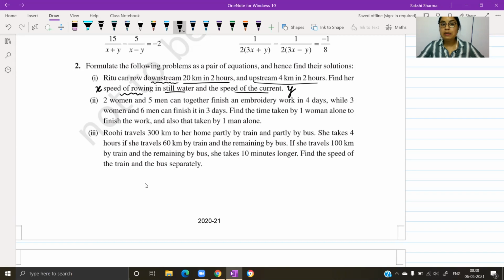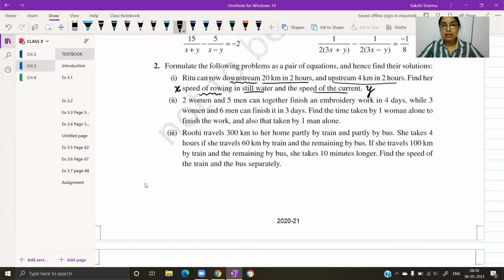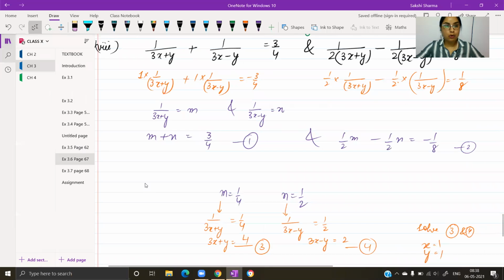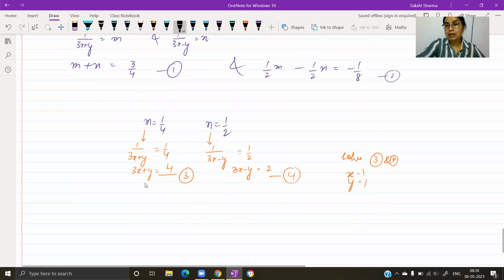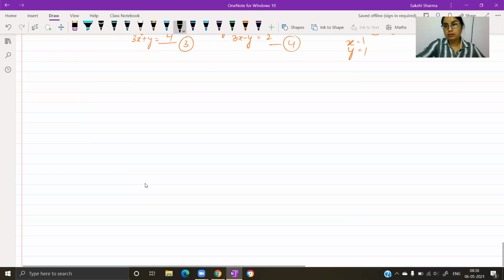Consider what will be the speed of Ritu if she is rowing in the same direction as the flow of water, along the stream. Here the concept of relative speed comes in. If we are traveling with the flow of water, the speeds of the two objects will be added together, which gives the total speed.